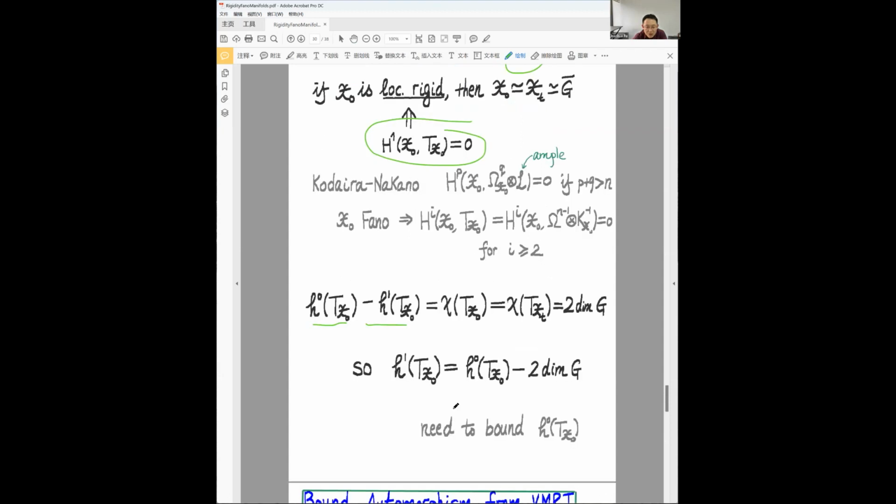In this case, the dimension of H1 is given by the dimension of the automorphism group of the central fiber minus this constant. So in order to show H1 is 0, we just need to give an upper bound for the automorphism group of the central fiber.